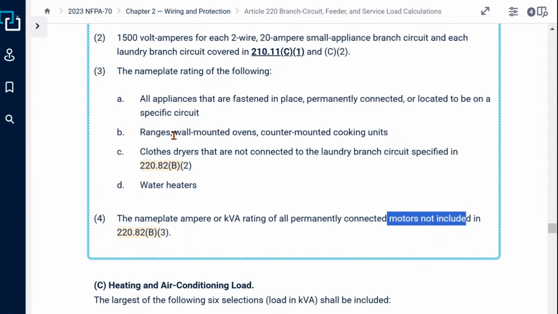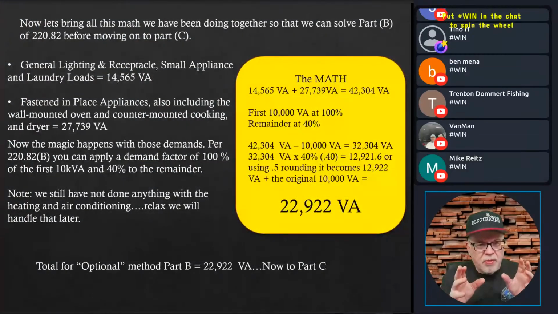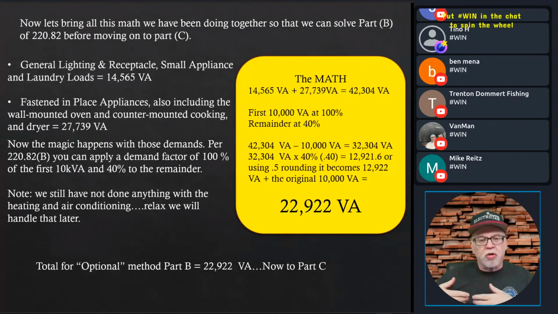Just because it doesn't nice and tidily fit in this example, if I have something else in the real world that is a motor or something, then I'm going to add it here. If I have another appliance, we just listed a few. This is where you bring them in. This is where you'd add it in, okay? All right, so just wanted to make sure.